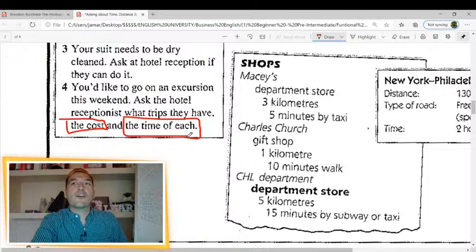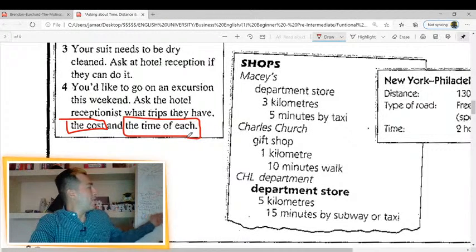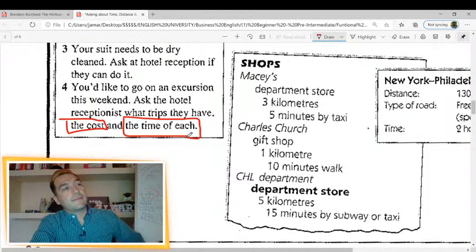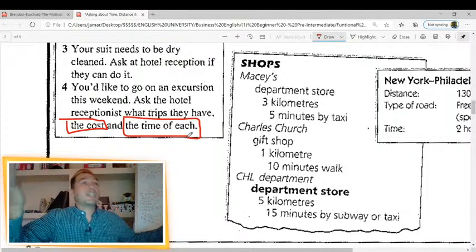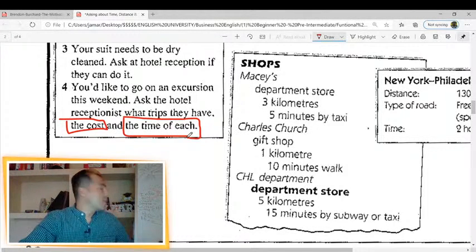Están hablando largo de tiempo. How long, auxiliar? Is. How long is the excursion? The subject, the excursion, the camel excursion? Good. Now put the complete question because now we're going to answer them.